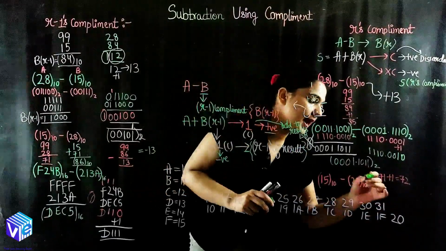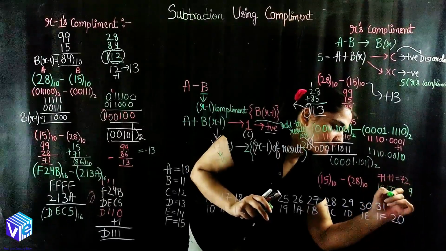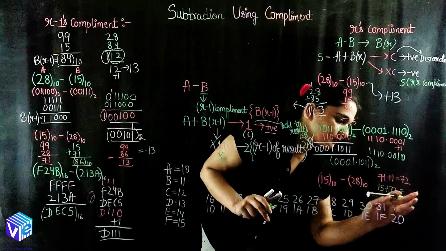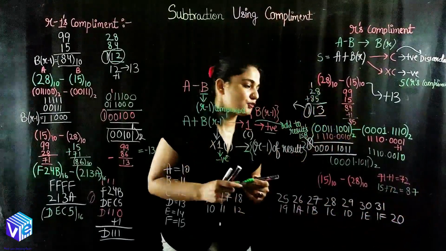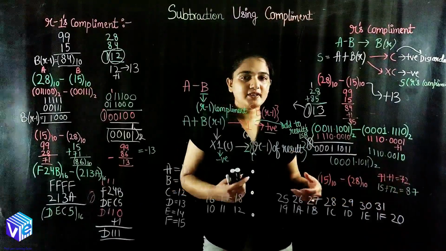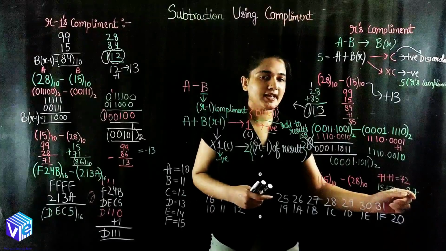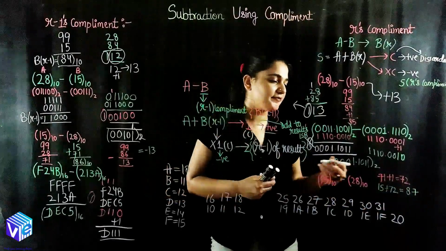So I have to add 15 plus 72. So we have found the answer to be 87. So 87, no carry, which means the answer is negative. I have to take the r's complement of 87 once again.